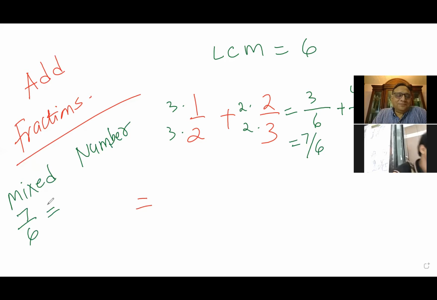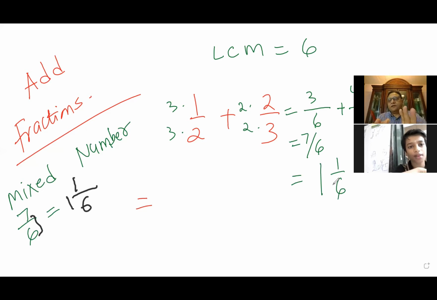It's just simple. 6, you just need to check how many times it will multiply. So it's just 6 ones are 6. And when you subtract it, you get 1. And you just put the denominator. Perfect. So you want to write this as 1 and 1 over 6. That is perfectly fine. So we have 1 and 1 by 6 as our answer, right?